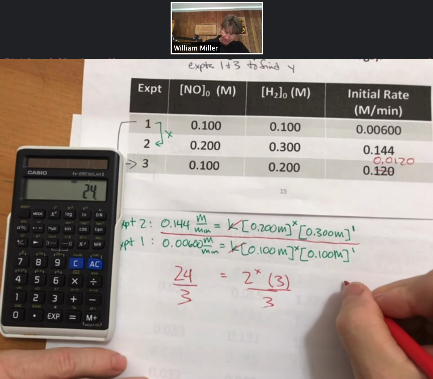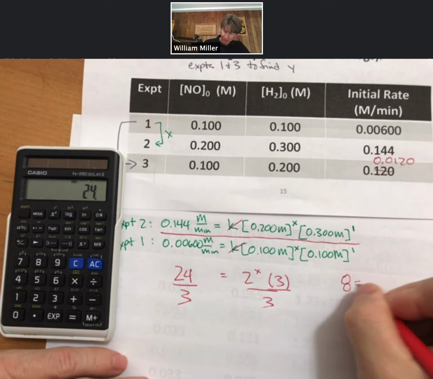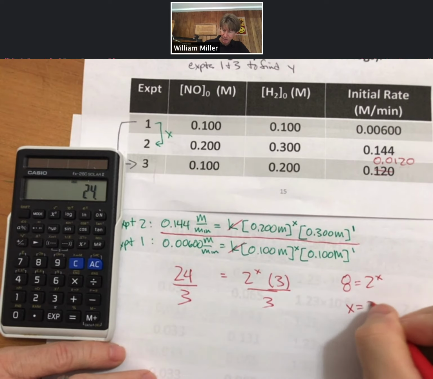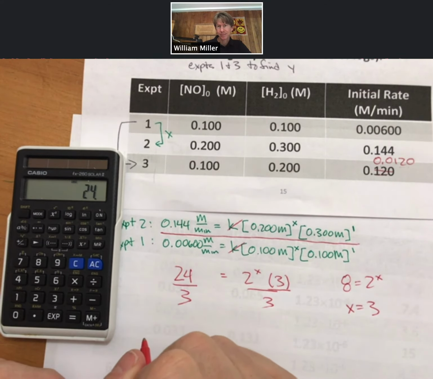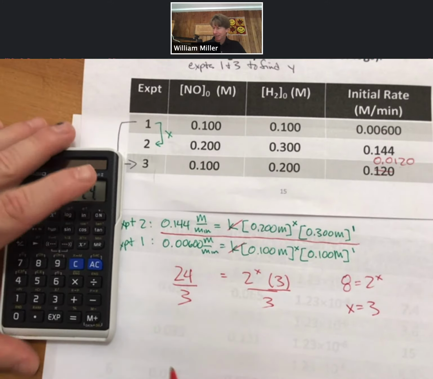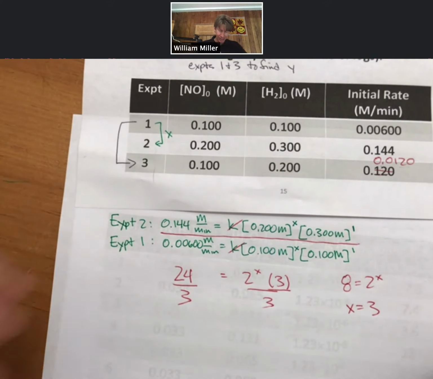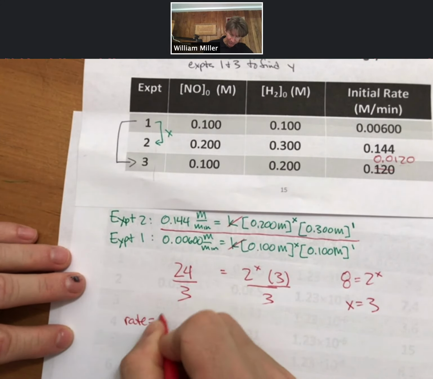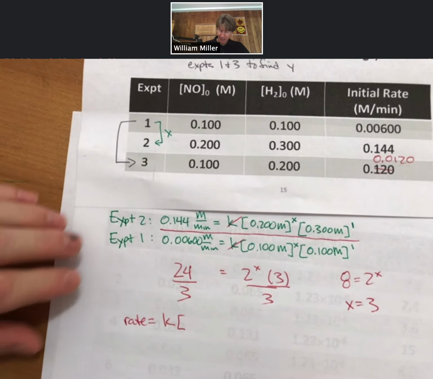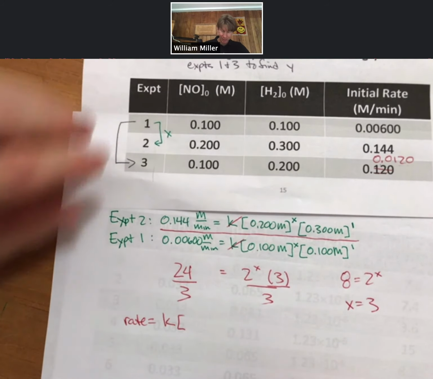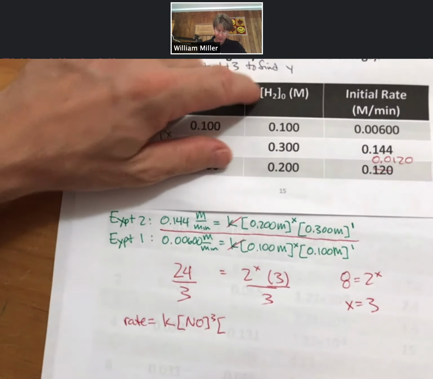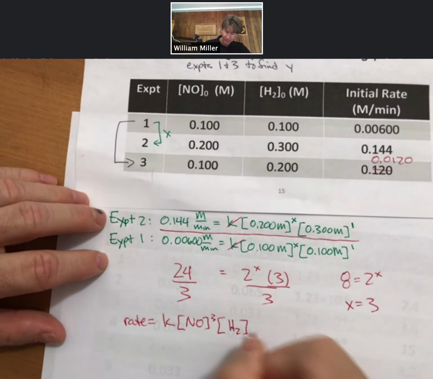I get 8 equals 2 to the X, which must mean X equals 3. That is a nice whole number. I like it. And my rate law now is rate equals K times concentration of my nitrogen monoxide cubed times concentration of hydrogen, H2, to the first power.